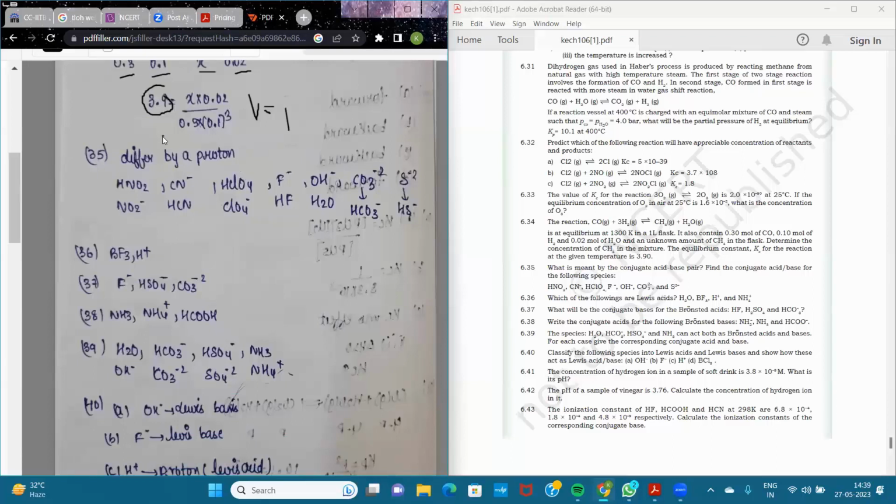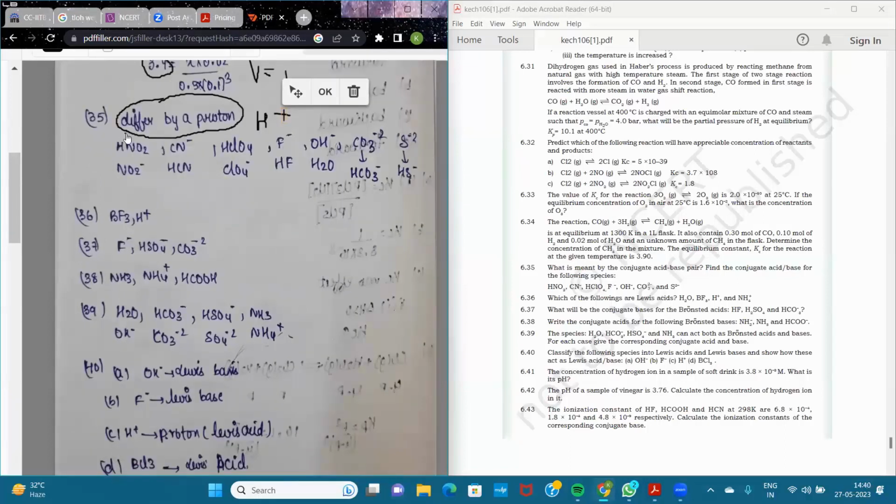What is meant by a conjugate acid-base pair? Find the conjugate acid or base for the following species. Generally, a conjugate acid-base pair differs by a proton. That is, the molecular formulas of the conjugate acid and base pair differ by H plus. Here, observe that HNO2 is an acid, right?